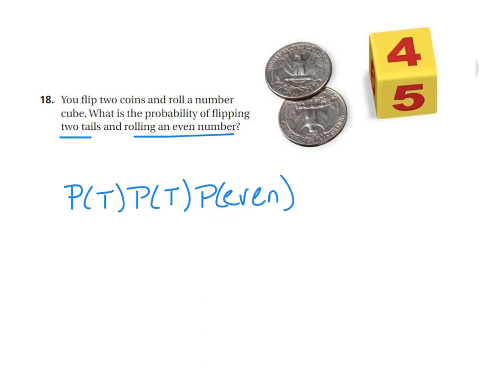So we know that the probability of getting a tail in flipping a coin would be 1/2, and then the probability of another tail would be 1/2, and for an even number, there are 3 even numbers out of 6 total numbers on a number cube.